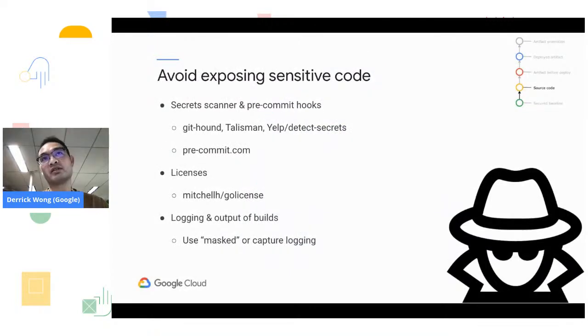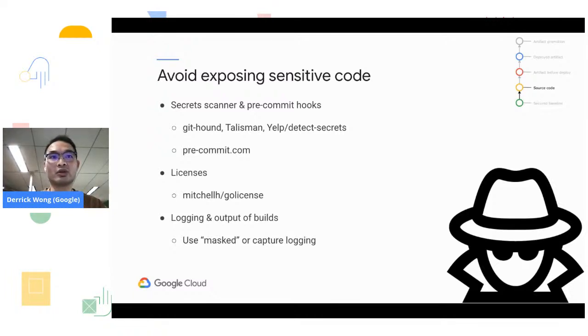Avoid exposing sensitive code. This is not difficult to imagine, right? You do not want any sensitive information checked in to your source code management system, because as you know, once you check it in, there's no way, or it's very difficult, to clear it, because basically it is a log system.